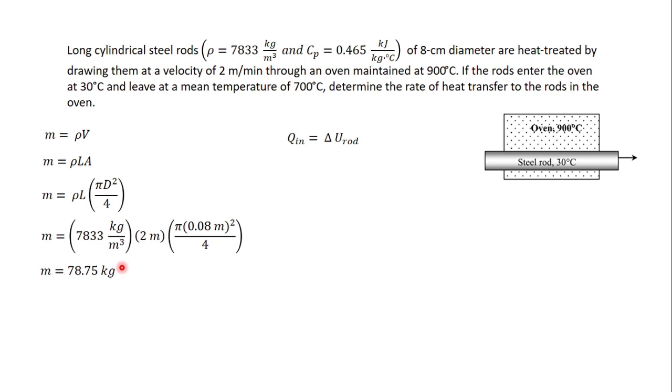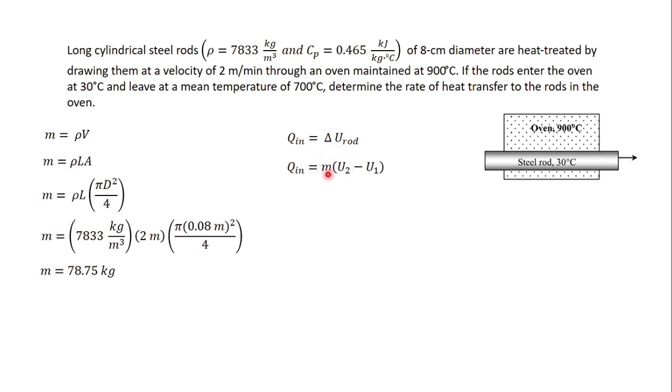Next, we take the 2 meter section of the rod in the oven as the system. The energy balance for this closed system can be expressed as E in minus E out is equal to the change in energy. So it becomes Q in, or the heat in, is equal to delta U, or the internal energy of the rod.